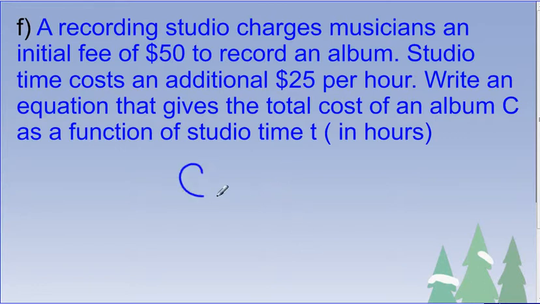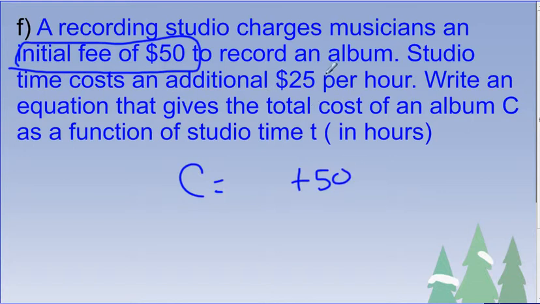Okay, so the total cost is, you got to pay for this $50 one time. It's an initial fee. You're not paying that over and over again. So $50 one time, and this $25 per hour. That's $25 over and over and over and over each hour. So 25 times the number of hours.